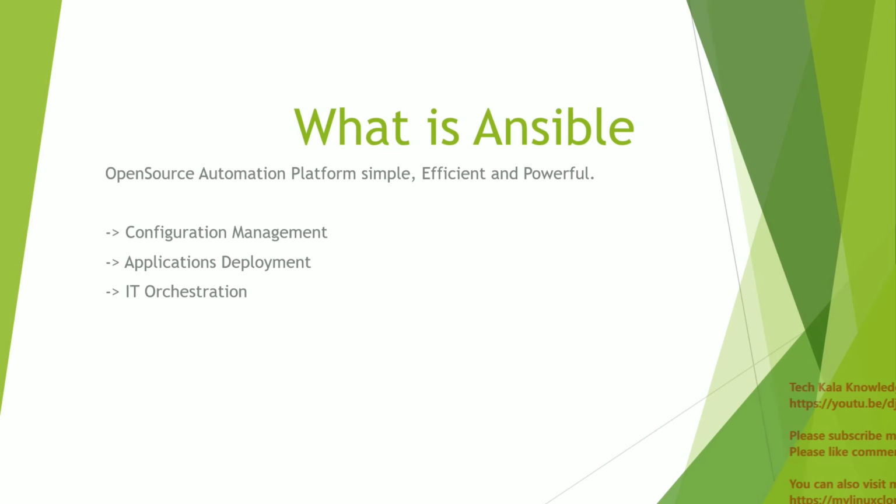But in the Ansible case, there is no need to install any software on the client machine; only on one single control machine do we have to install the Ansible software package. Through Ansible we can do configuration management, application deployment, and IT orchestration.